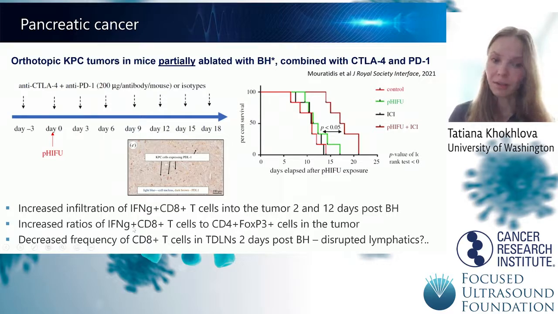And an interesting and intriguing effect they found is a decreased frequency of CD8 T cells in tumor-draining lymph nodes following ablation, which they hypothesized could be due to disrupted lymphatics. And that's an effect that we should be looking at potentially in the clinical translation, as that's something we'd probably want to avoid.